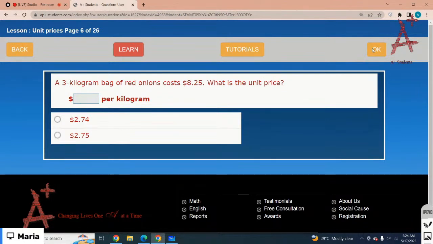A 3 kg bag of red onions costs $8.25. What is the unit price? You have to calculate the price of 1 kg of onions. Just divide it by 3. Got it? So which is the correct option?